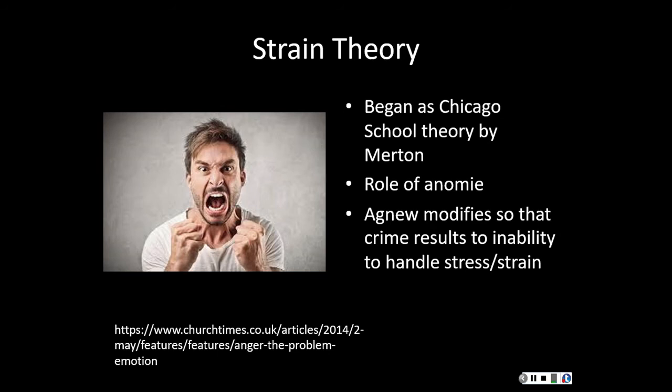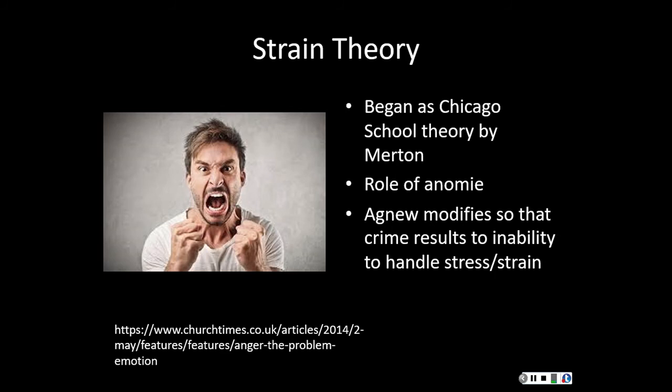For example, if society said that people needed certain kinds of clothing, and somebody wasn't able to afford that type of clothing, then anomie theory would say that could possibly cause a strain, causing people to steal the clothing. All right? Now, anomie has largely been discredited.